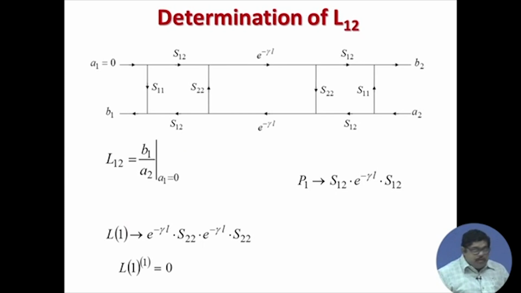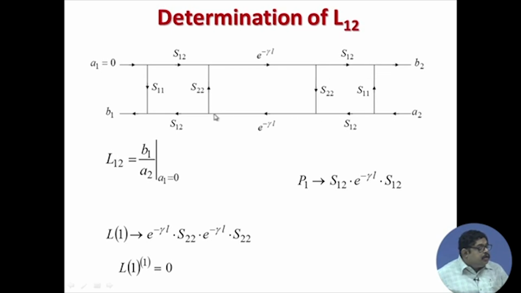L12 determination. L12 is what? B1 by A2. So, there is a direct path, P1, S12 e to the power minus gamma L, S12. Is there any other path? I can go here, but then we will get stuck.